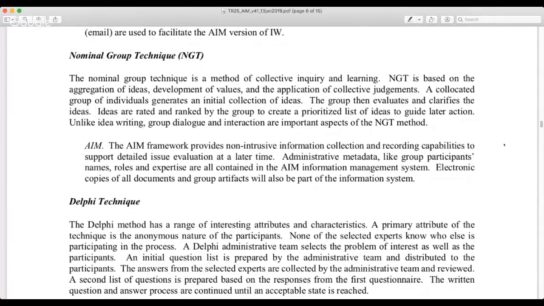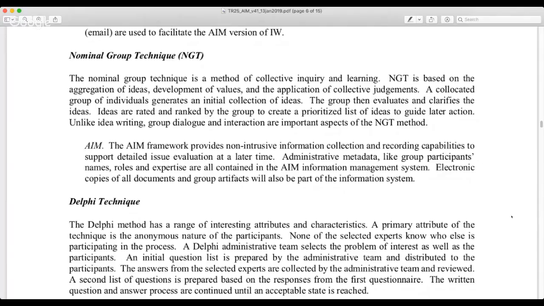So keeping the group focused on the issue of interest is very important. And the AIM framework provides non-intrusive information collection and recording capabilities. So you can actually record all the interaction, look at it later on, generate transcripts. You can do a number of different things with the current level of computing technology.